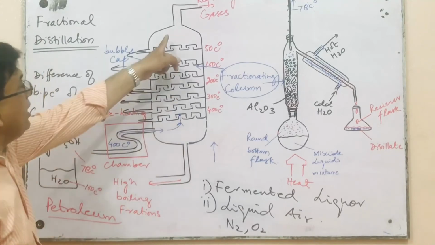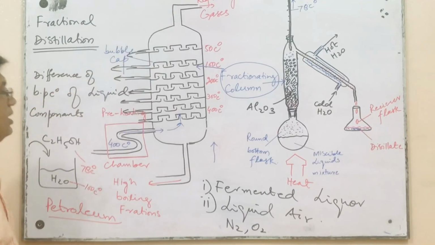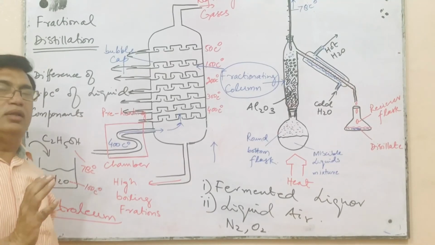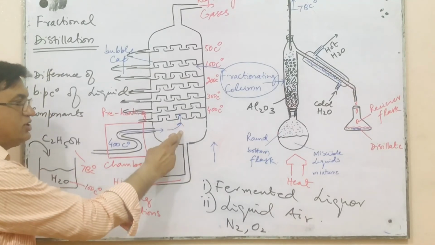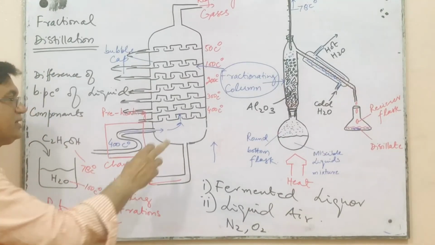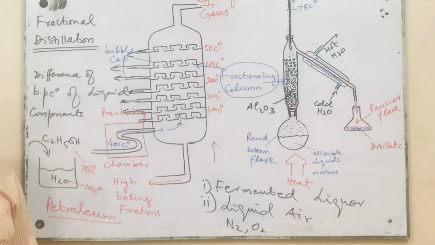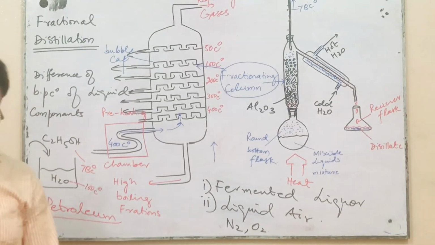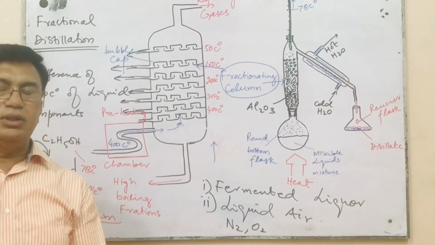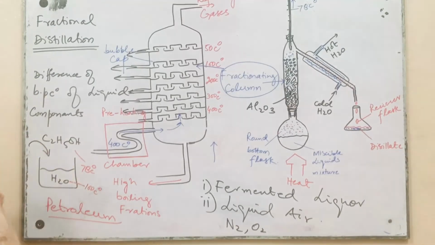Whenever we create a vacuum in this fractionating apparatus, definitely the boiling points of the components will be reduced, and the difference in boiling points will remain the same, and using less energy and consuming less time, we can separate all the components with vacuum distillation. This is the modern technique which has many socio-economic effects, and also reduces the cost of production.